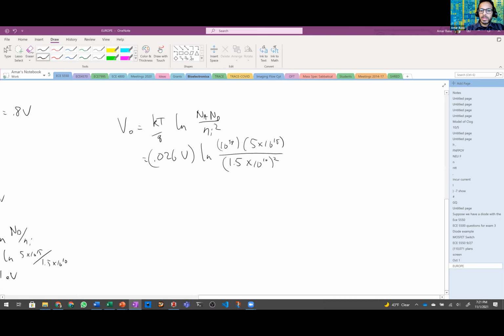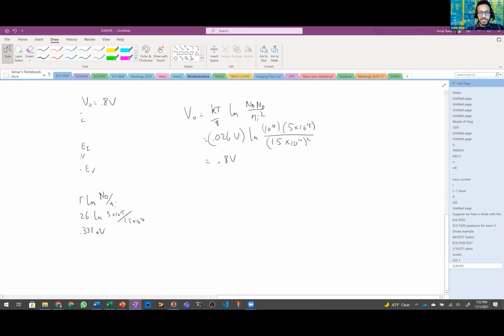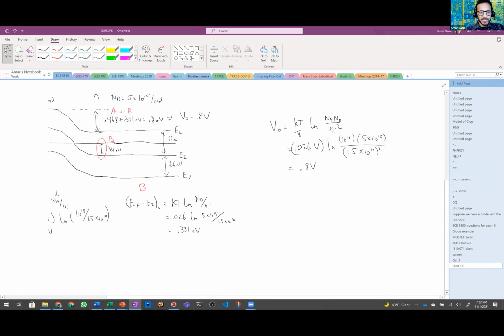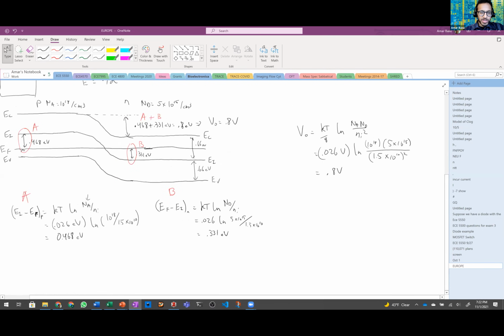Keep in mind, this is over centimeters cubed, this is over centimeters cubed, this is over centimeters cubed, and this is squared. So all the units here will cancel. If you do the math, it'll give you about 0.8 volts. So both ways you do it, whichever way makes more sense to you. Obviously using the formulaic approach is the faster way to do it.